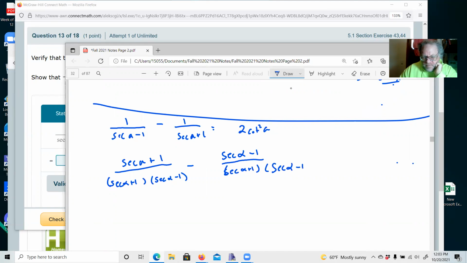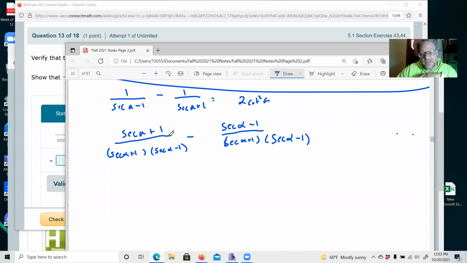This is at least the difference of two squares. So the first thing I'm going to do is add them together. We have secant plus 1 minus secant minus 1. When I put this together, the secants cancel, and we have 1 minus a negative 1. We're going to have 2.